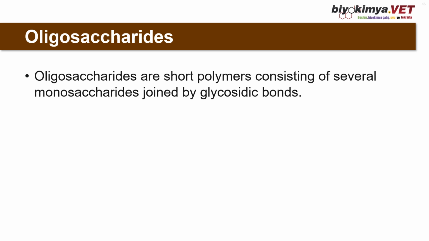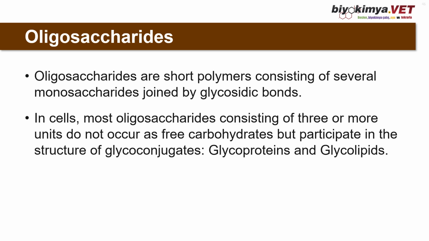And at one end of the chain, the reducing end, is a monosaccharide unit whose anomeric carbon is not involved in a glycosidic bond. In cells, most oligosaccharides consisting of 3 or more units do not occur as free carbohydrates but participate in the structure of glycoconjugates, and these are the glycoproteins and glycolipids.